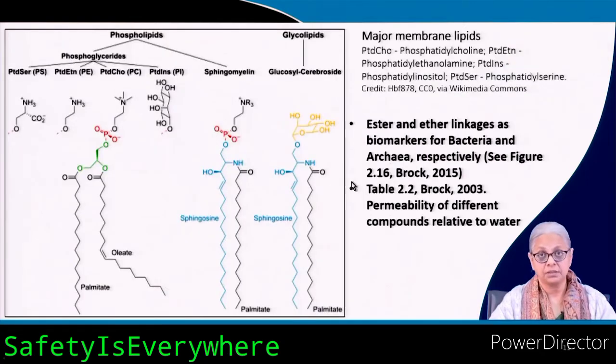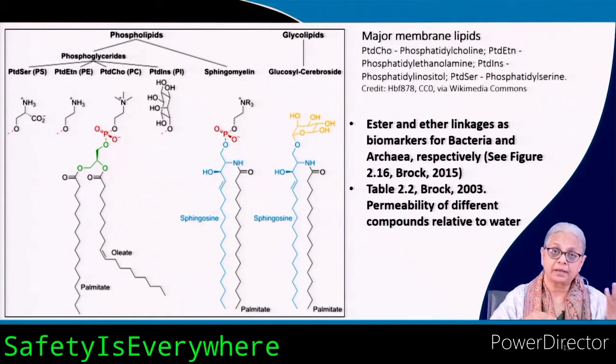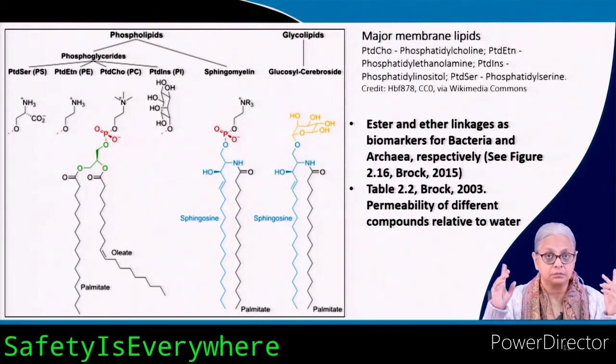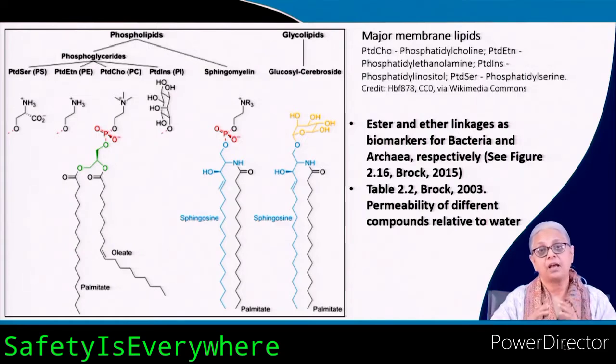Archaeobacteria, on the other hand, which go back a long time in the evolutionary past of living organisms, have ether linkages. So that is used as a biomarker to separate archaeobacteria from bacteria.